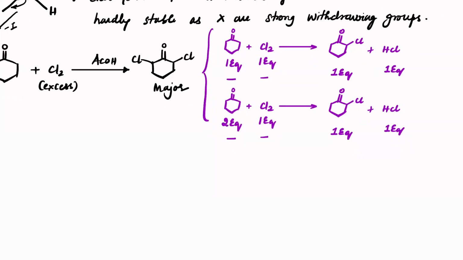If I have two equivalents or two moles here, and chlorine is limiting, since chlorine is limiting, only one chlorine would come. Still the product will be the same, but here only one equivalent will be consumed. So one equivalent will be left over. One equivalent will be left here and one equivalent will be formed here. That is the product we will get.